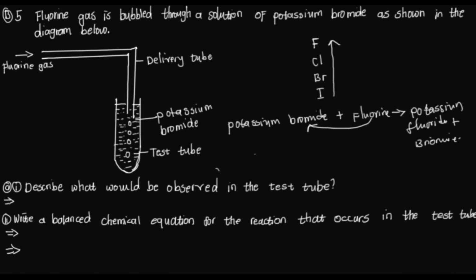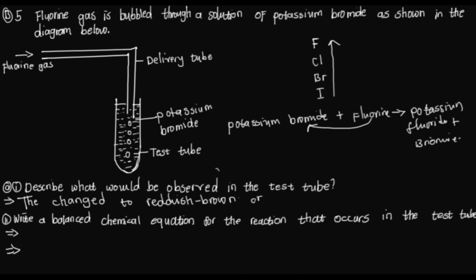So since now the reaction took place, we want to look at what was observed. What will be observed is we are expecting to see the color of bromine in the solution. So we can see that the color changed to reddish brown.